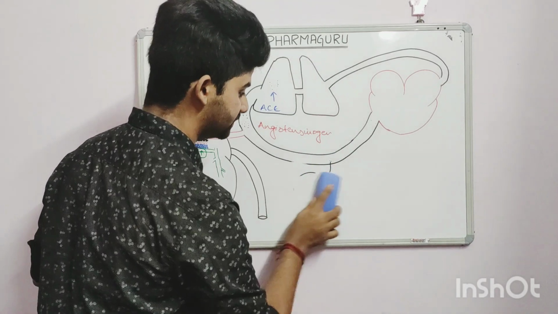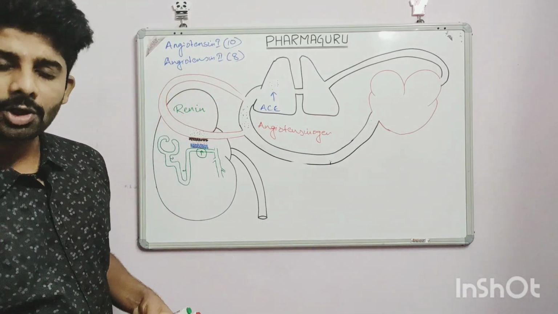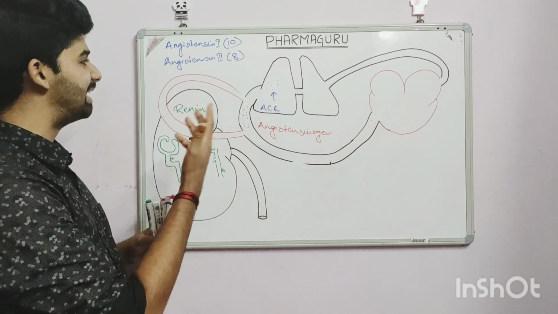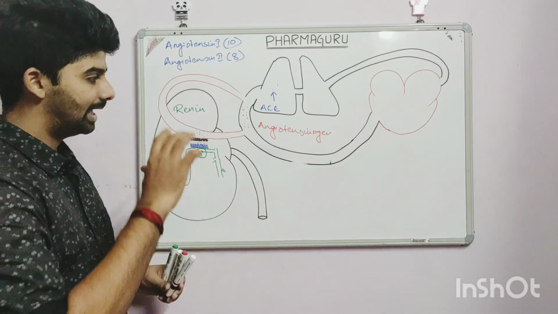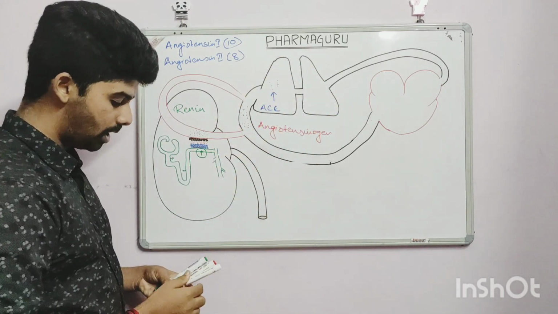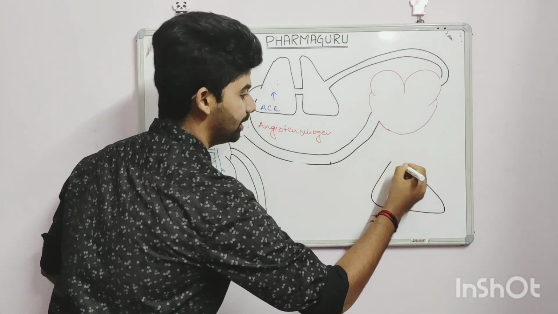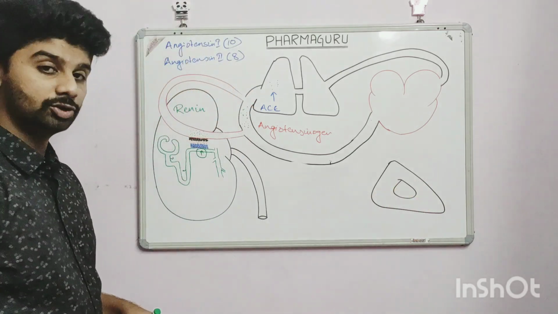Now you all must be wondering that we were talking about the renin, angiotensin, aldosterone system, and till now we have dealt only with renin and angiotensin. Now the aldosterone will come into action. As we have angiotensin 2 present in the systemic circulation, this is our adrenal gland which will provide aldosterone.